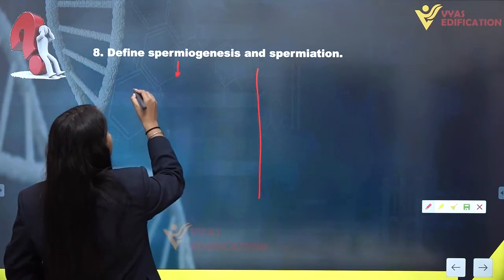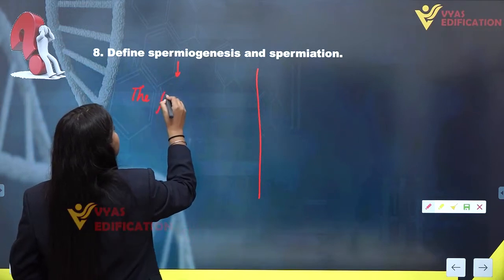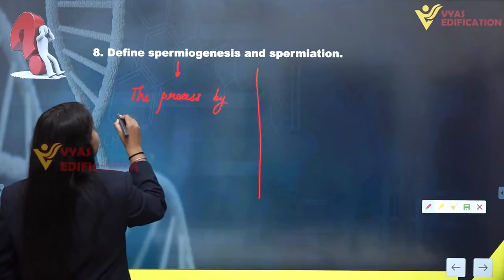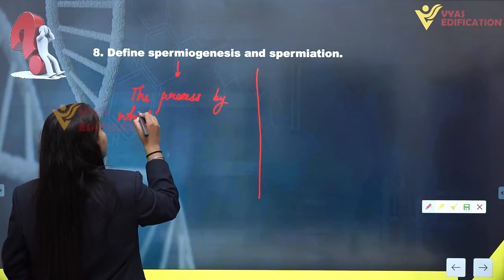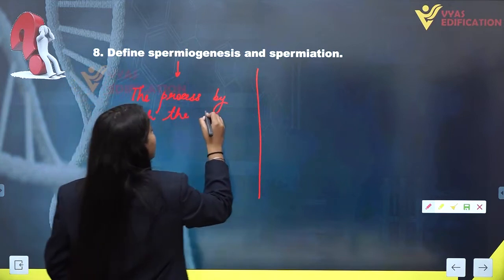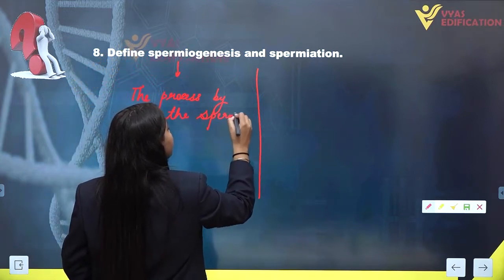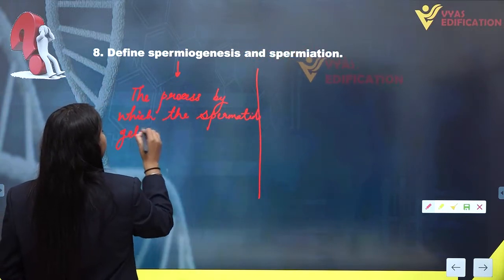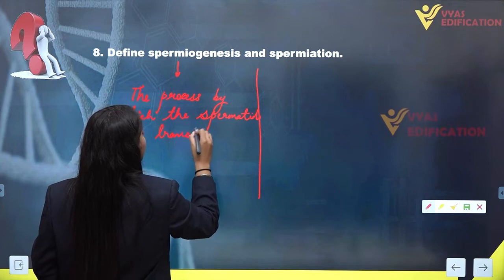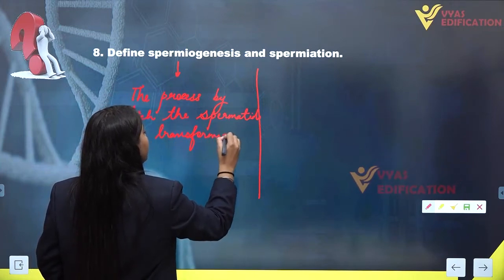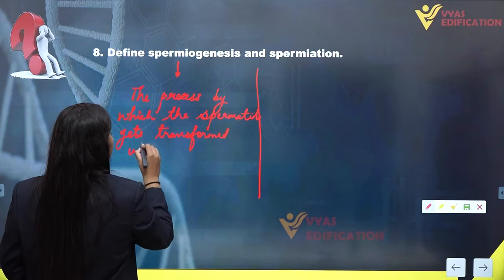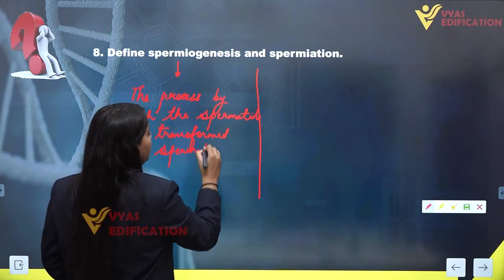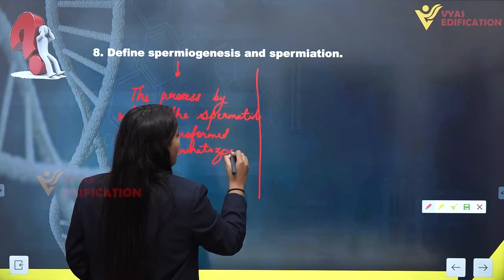So spermiogenesis is the process by which the spermatids get transformed into spermatozoa or sperm cells.